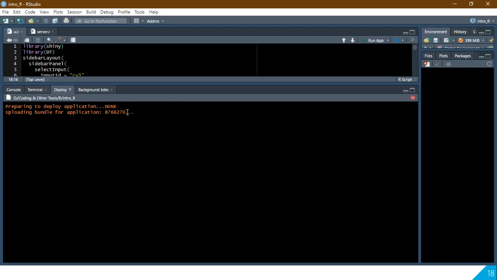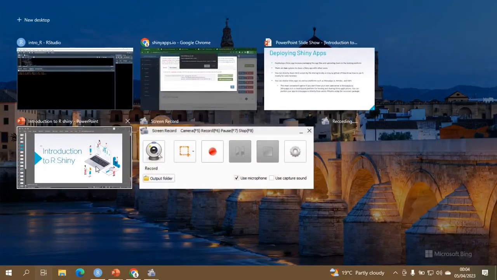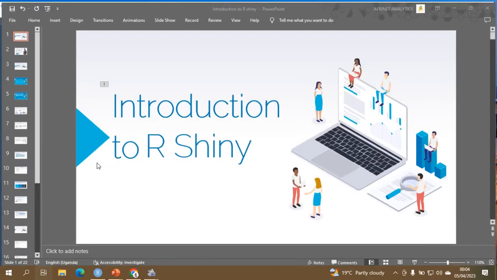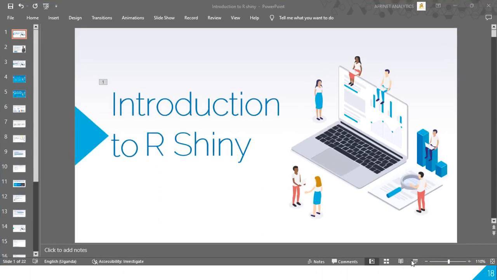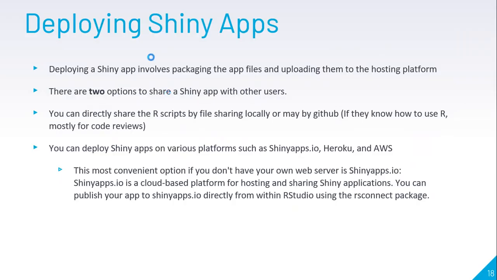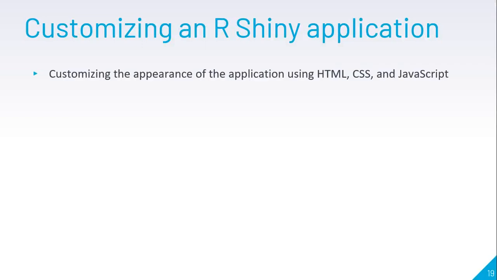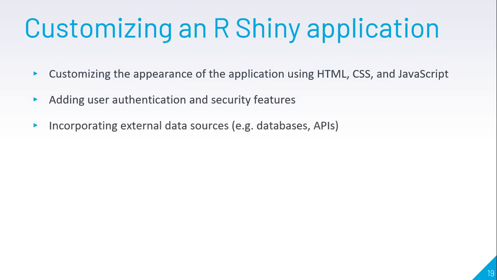Yeah, so as it is deploying, how can we customize our applications? We've deployed an application as we are going to. How can we customize? We have very many options at our hand. We can customize using HTML, CSS, and JavaScript. We can customize by adding user authentication and security features. We can incorporate external data sources using databases, using APIs.